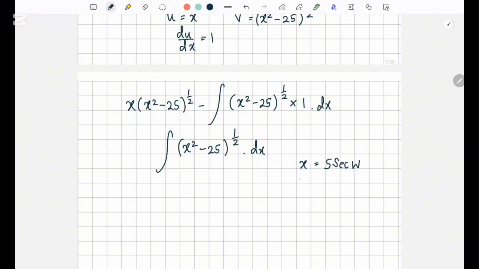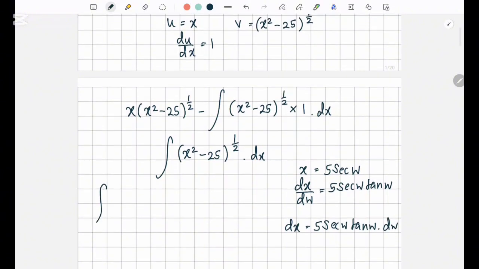So before we go any further, we need to differentiate this. So dx over dw equals 5 sec w tan w. That's the differentiation. But if you guys have any doubts, please drop a comment. I'll help you guys out. Okay, so now you can write dx equals 5 sec w tan w dw.